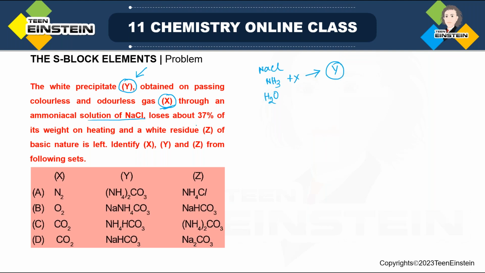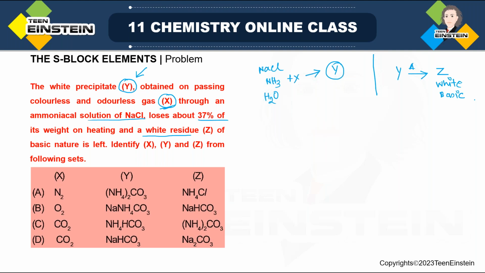This white PPT loses about 37% of its weight when heated, and white residue Z is obtained. Z is white and has basic nature. So you have to find X, Y and Z.